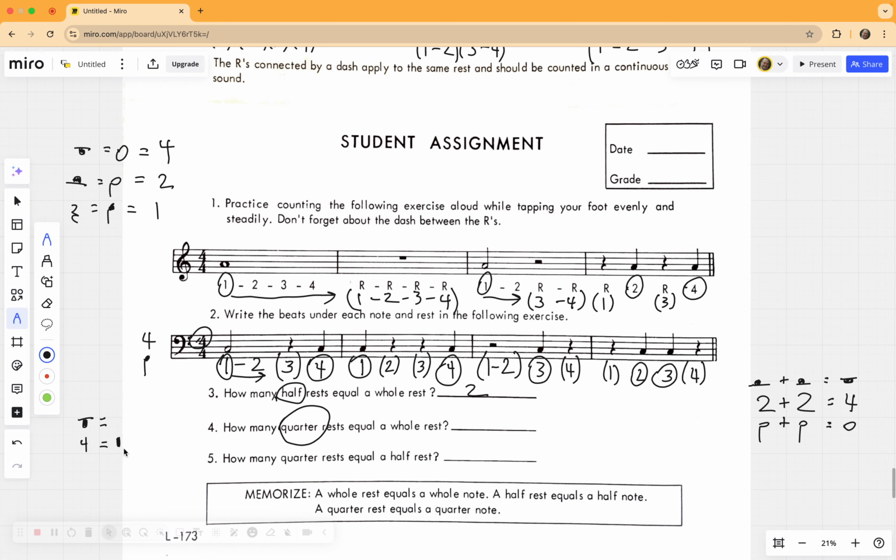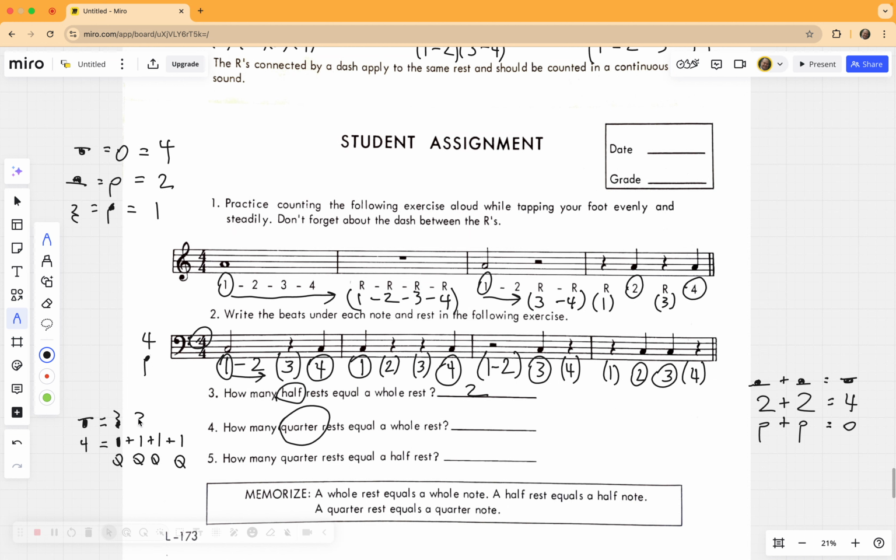Each quarter note receives 1 beat, and you can only add up 1 plus 1 plus 1 plus 1, because it would be quarter plus quarter plus quarter plus quarter. 4 quarters equals 4. 1 plus 1 plus 1 plus 1 equals 4, which gives you the same value as a whole rest.